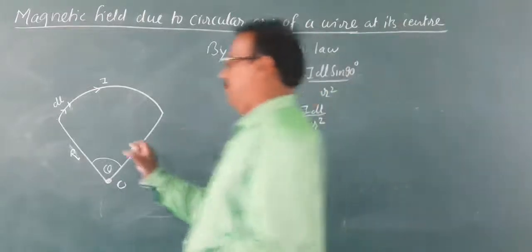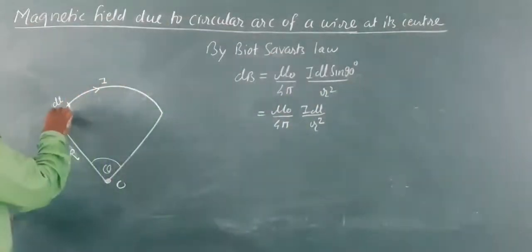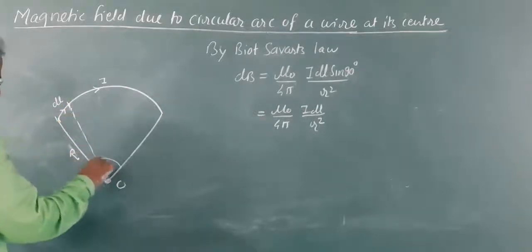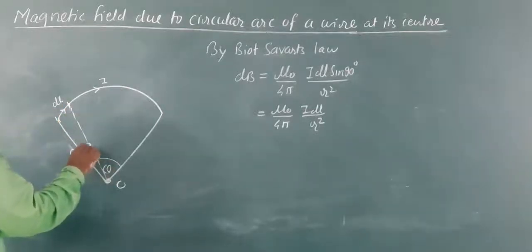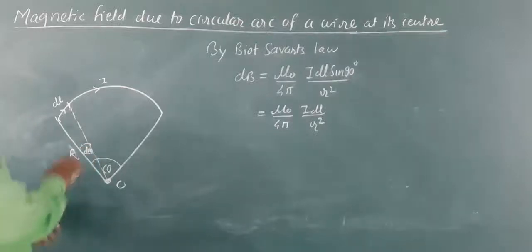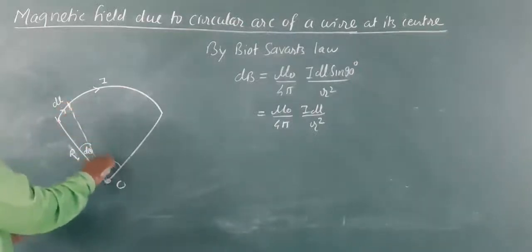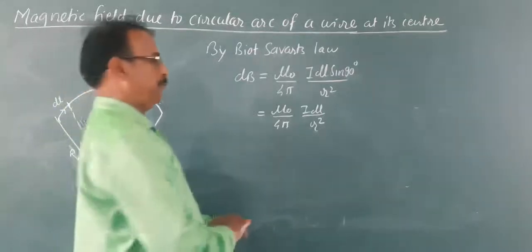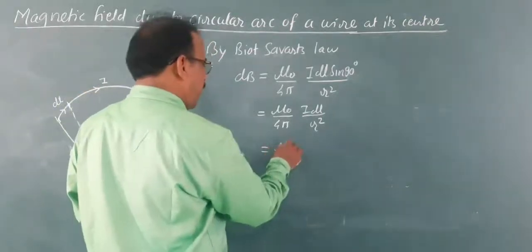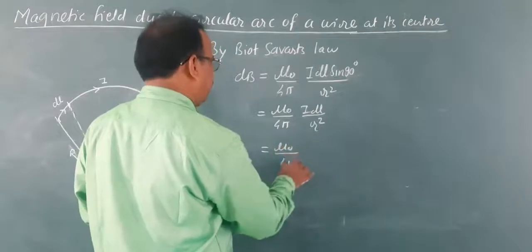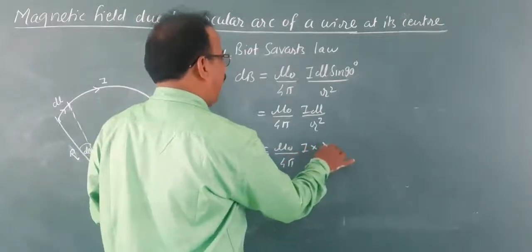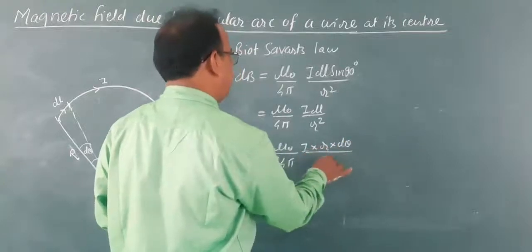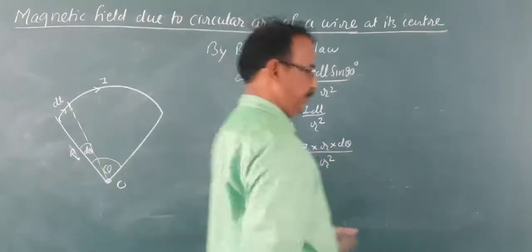This dl, which is length of this small element, you can write in terms of this angle d theta. Consider angle subtended by the small element at the center d theta. We can write in terms of this angle d theta, R into d theta upon R square.